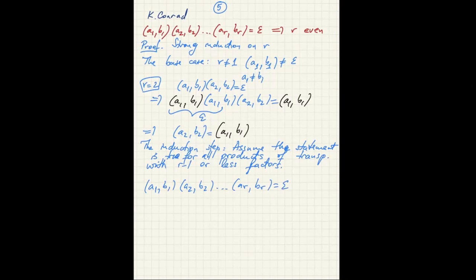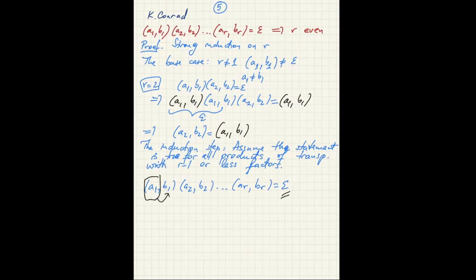Now, here's what we're going to do. We look at the first element in our first transposition, let's say it's A1. Because the result on the right-hand side is the identity, we know that in the permutation on the left-hand side, A1 must be fixed. Now, the first transposition moves A1 to B1, so it moves it somewhere else.